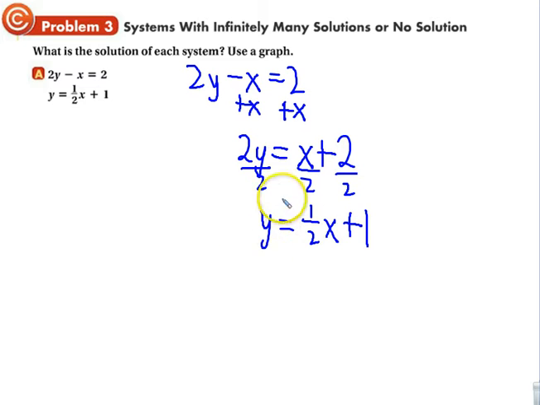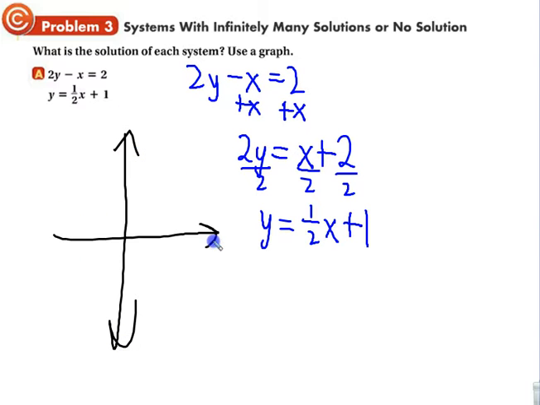What do you notice about this new form of the equation and the second one? That's right, they're the same. So I'm going to graph them. Let's just do 2 on each side. I graph 1. The slope tells me to go up 1 over 2 and go down 1 and to the left 2.